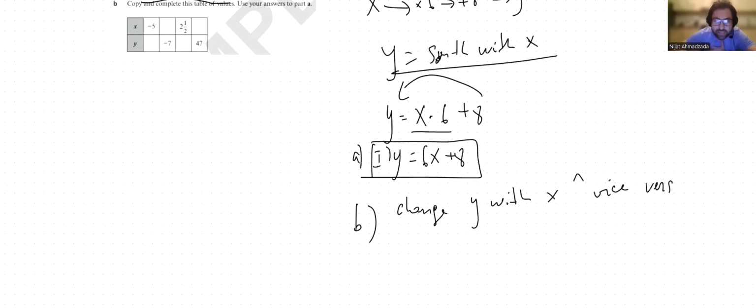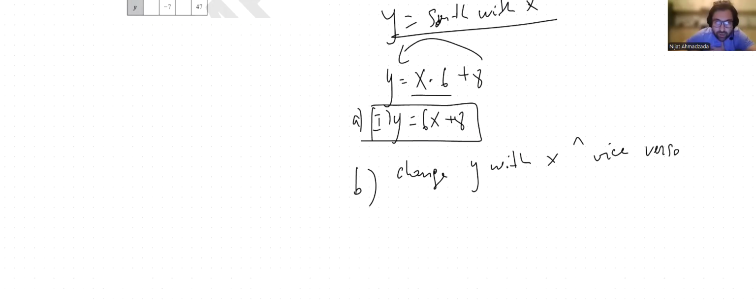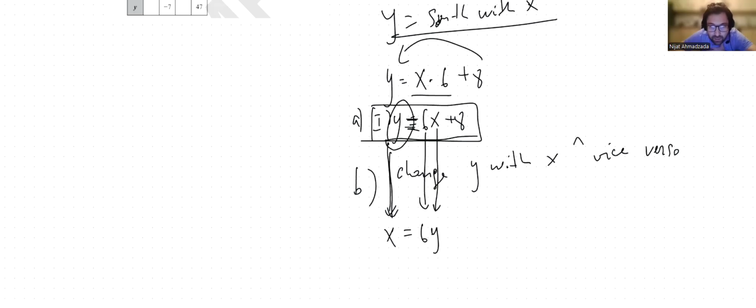We are taking this equation and we're going to change Y. So whenever you see Y, substitute it with X. Whenever you see X, substitute it with Y. We see Y, we substitute it with X. We see equals, we don't substitute it. We see 6, we don't substitute it. We see X, we substitute it with Y. Plus will not be changed. 8 will not be changed.